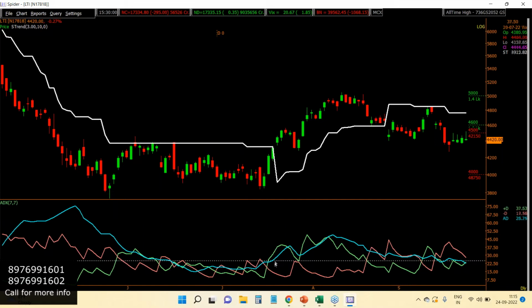But at the time when it crossed the 25 level and positive DI also showed some interest in the ADX, the prices tended higher. It has gone up to this level only. Further, we will also discuss how you can trade ADX in an intraday market, or if you want to take a position, we will also see that.